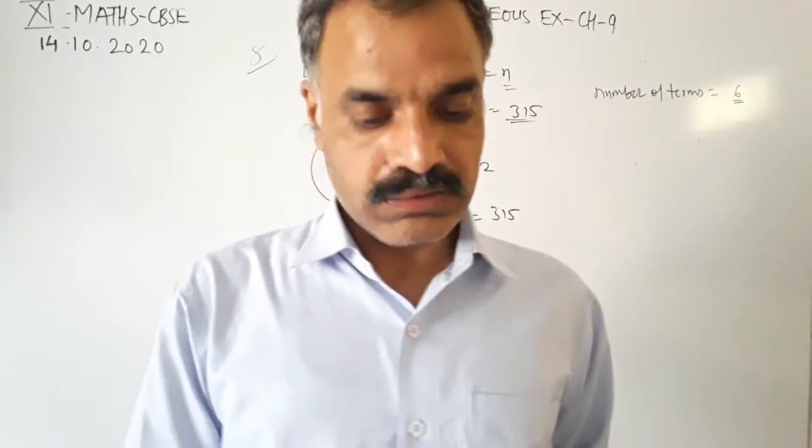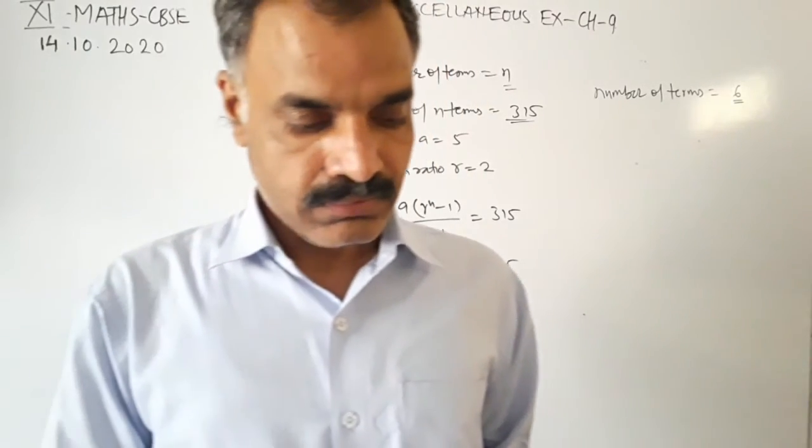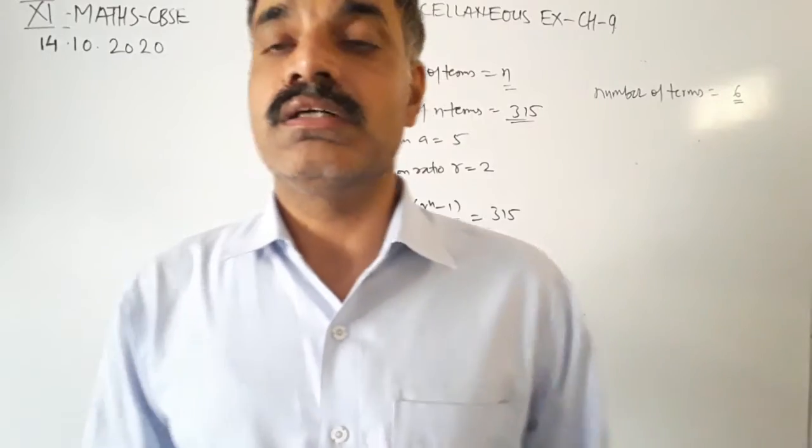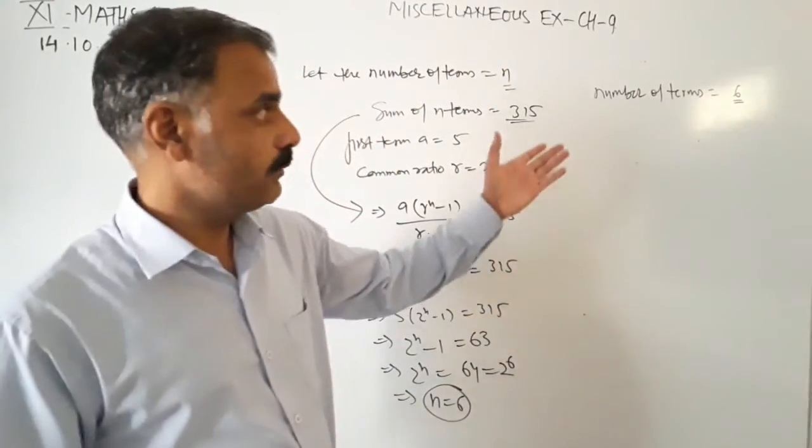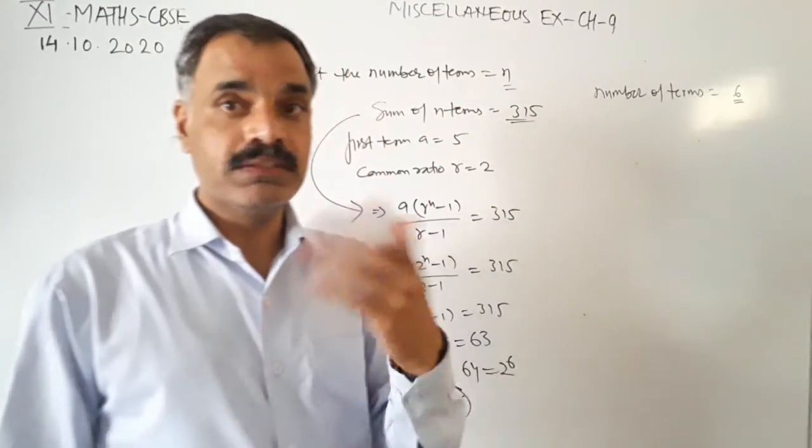This is the second part, and the first part is to find the last term. Total number of terms is 6, so the last term will be the 6th term.